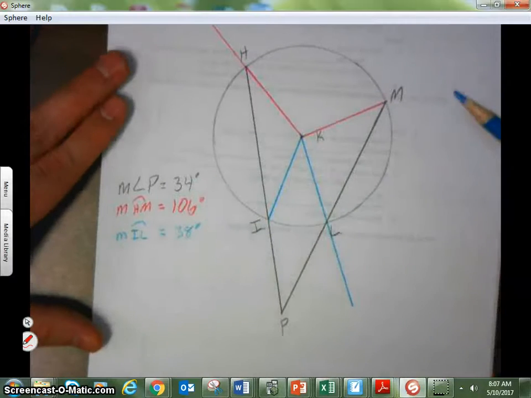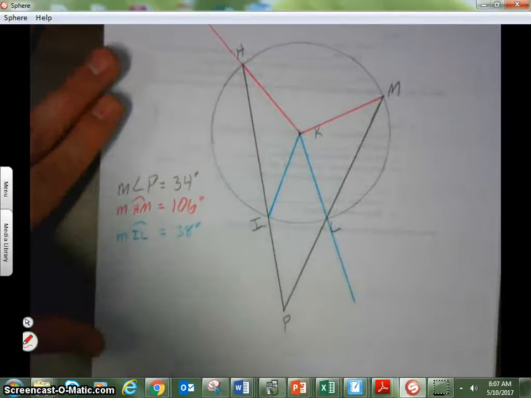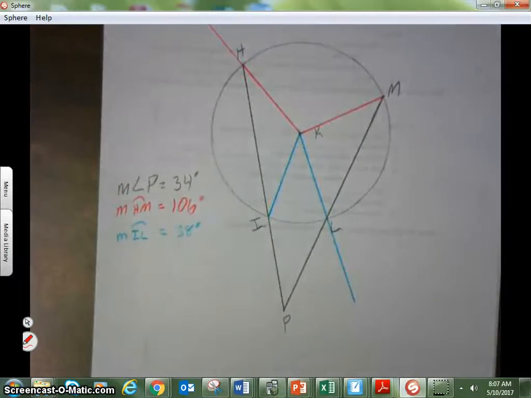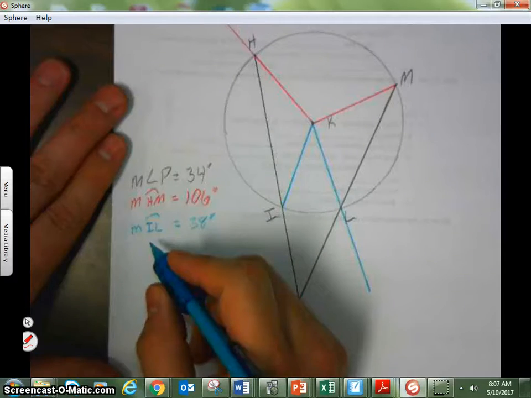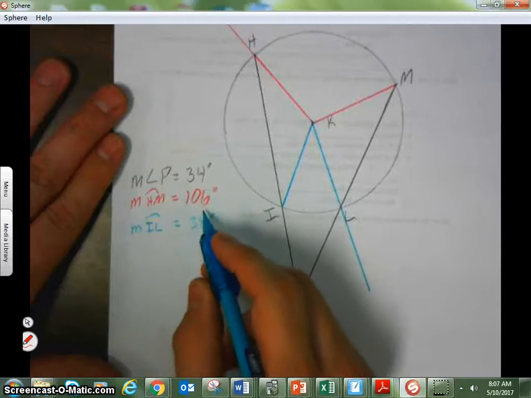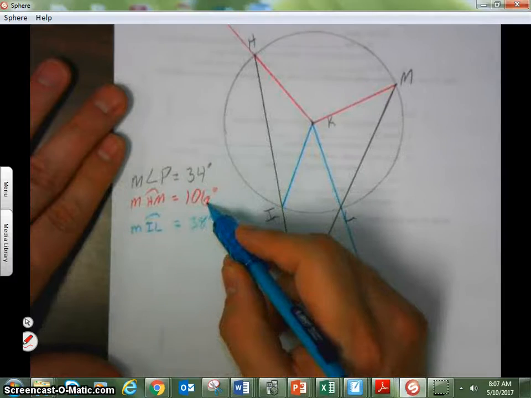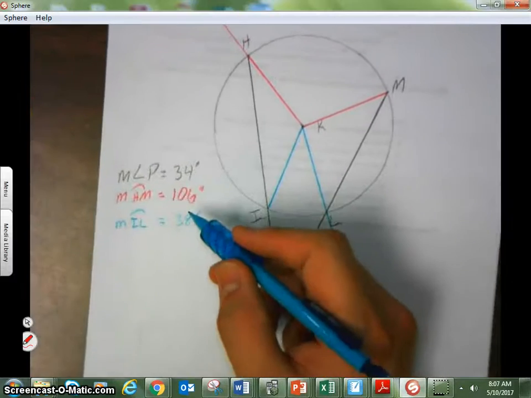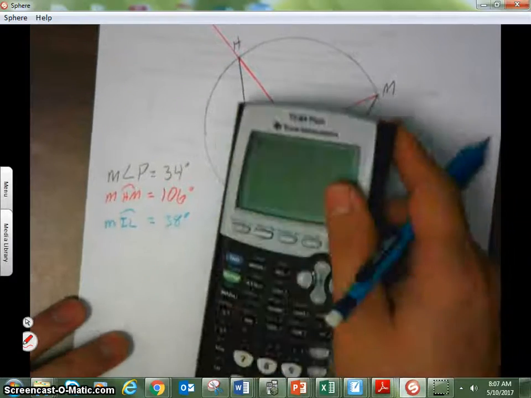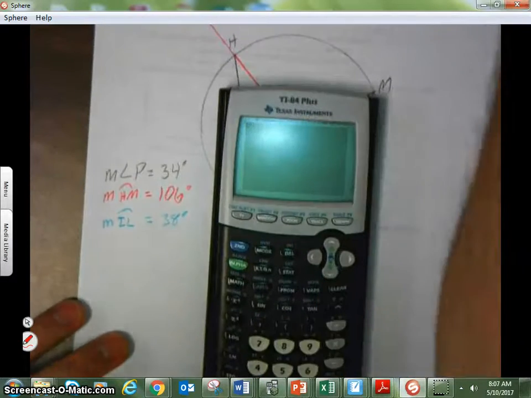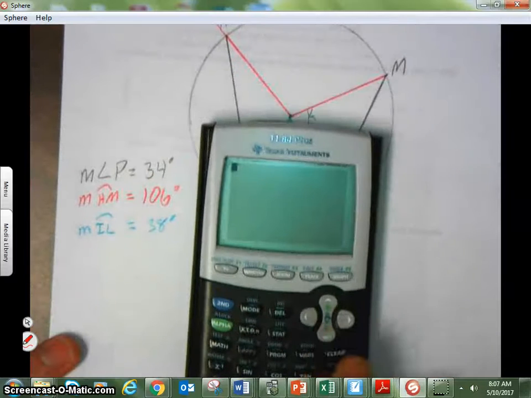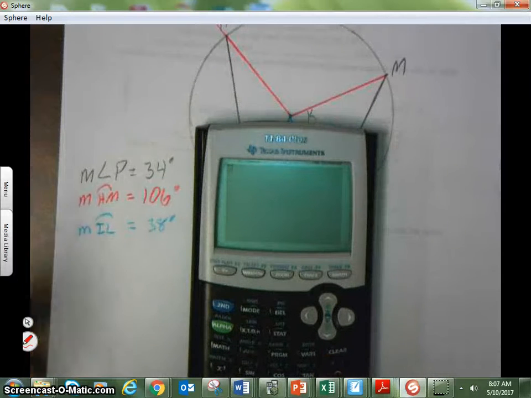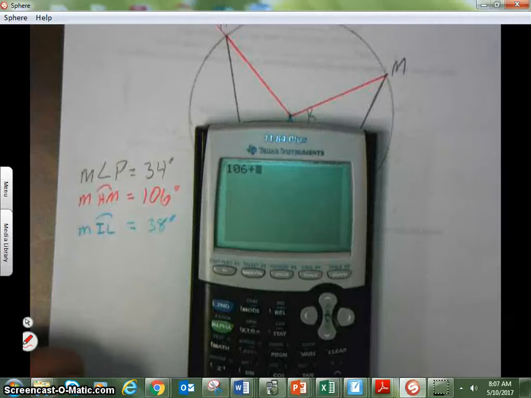And this is where students really struggle because this one is not a very intuitive operation. This one isn't going to just jump out at you. But here, if we add these two together, so let's go ahead and get our calculator, because this is what kids start doing. When I insist on, well, there has to be some kind of relationship. What is it? Well, this is what a lot of kids do, especially because this is usually the second investigation that we do.